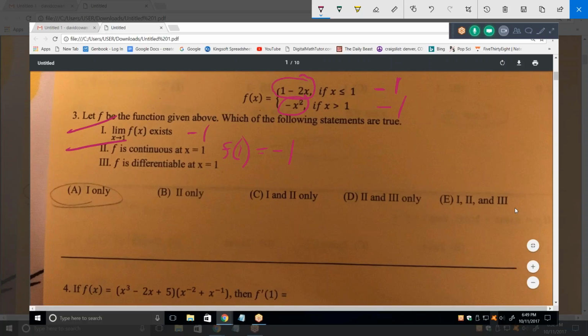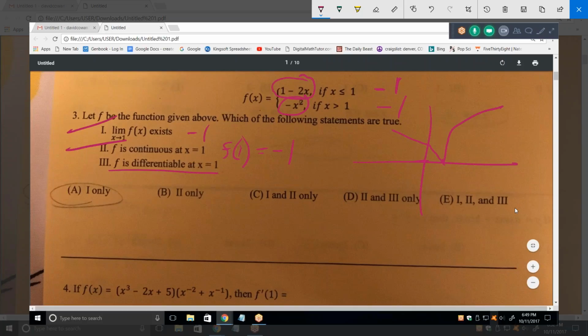Now, number 3, f is differentiable at x equals 1. No, because it's like a corner, so that wouldn't work. In other words, if I had a corner, let's say I had a function like this, well, the limit is certainly going to be the same from both directions.